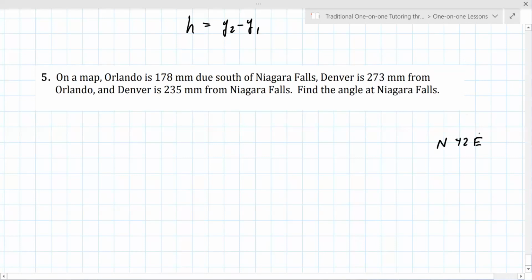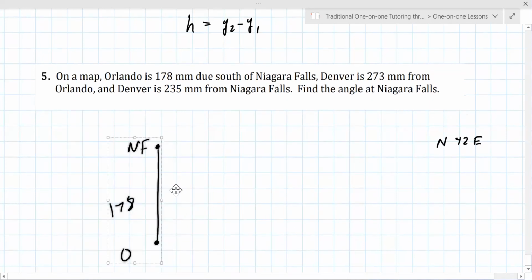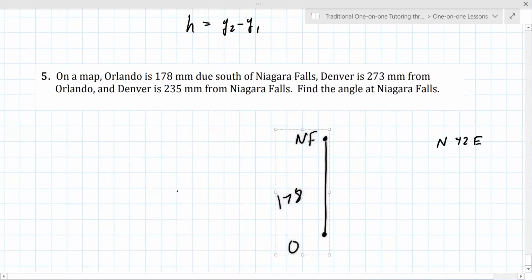Your instructor is choosing not to do that. So here's Niagara Falls, and then they're saying Orlando is due south. Okay, Denver is 270 miles from Orlando and from Niagara Falls. Just geography wise, we know that Denver's maybe more over here.